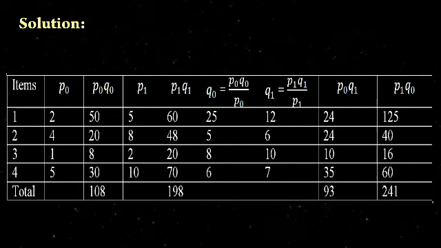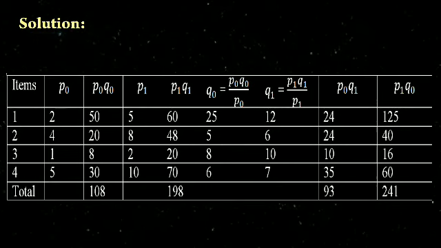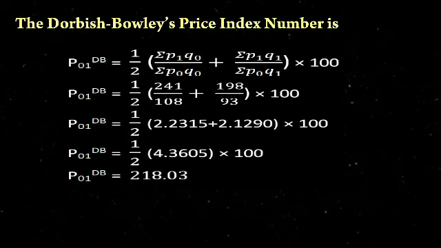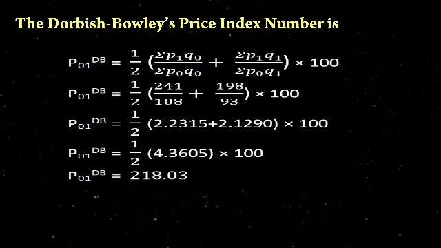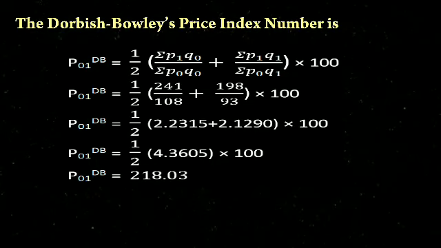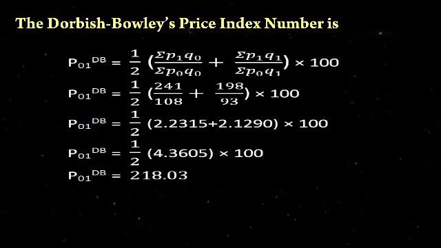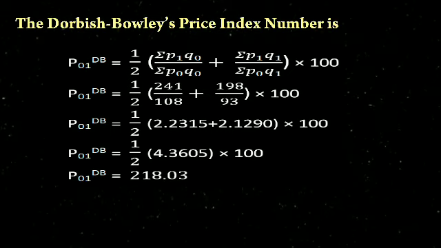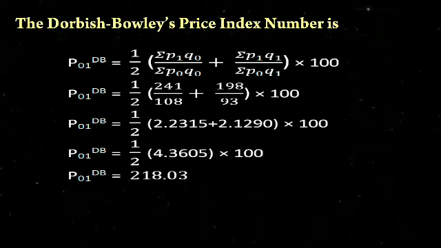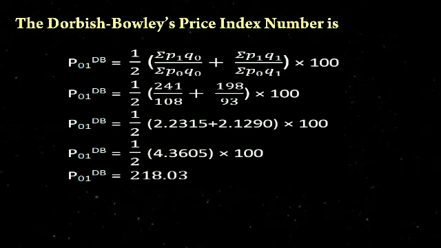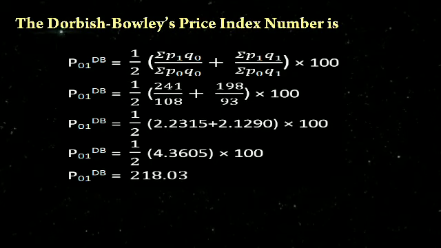After that, your question is to compute or construct Dorbish-Bowley's index number, right? So write the formula P01 of dB equal to half into. Here you didn't compute Laspeyre and Paasche, so use the direct notations in order to compute the index number. If Laspeyre and Paasche were computed, P01 of L plus P01 of P into 1 by 2 will give you Dorbish-Bowley's.